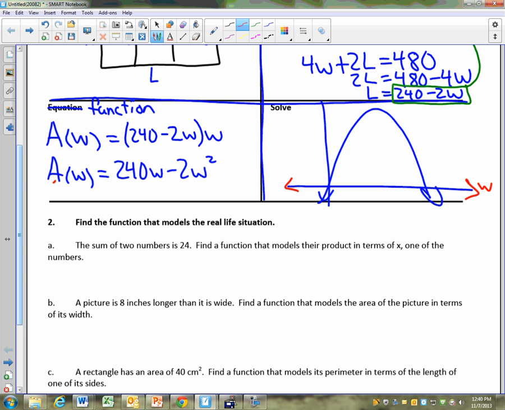And what variable is where the y would normally be? A for area. So the y-axis is the area, and the x-axis is the width. What is this part of the graph called? The vertex.